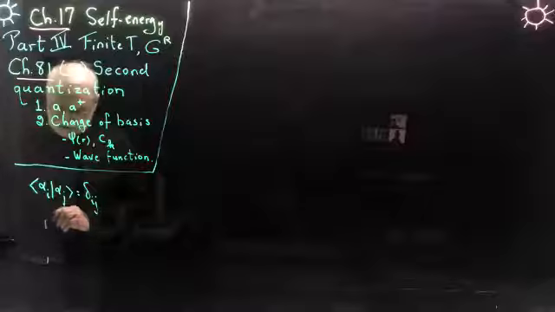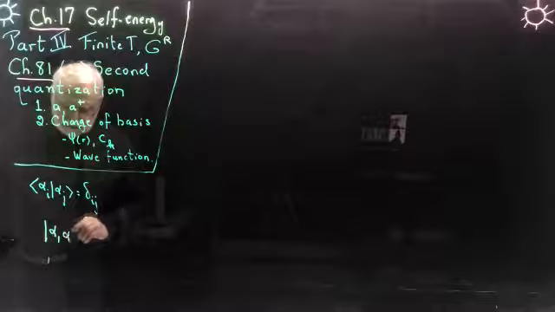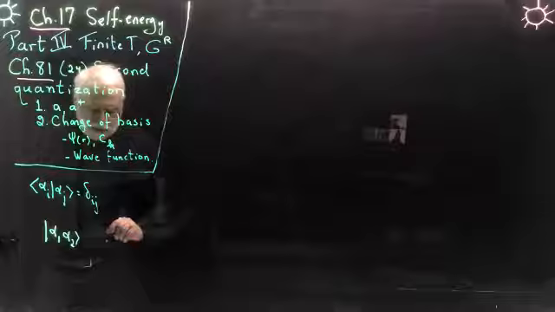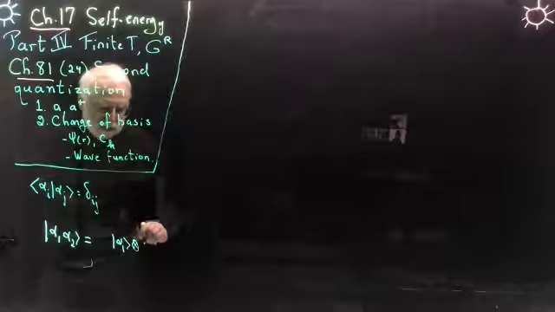Now, if I have two particles that are fermions, then if I have alpha 1, alpha 2, one possibility is to write that this is alpha 1 tensor product with alpha 2.